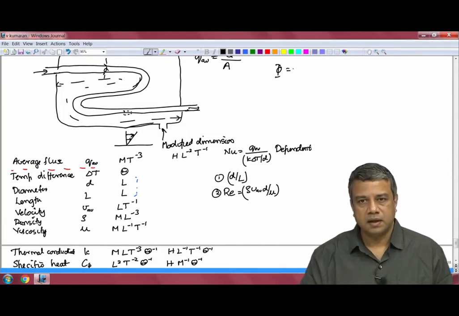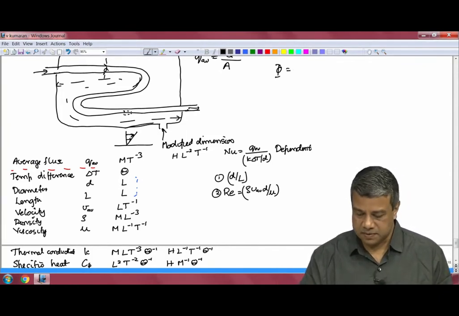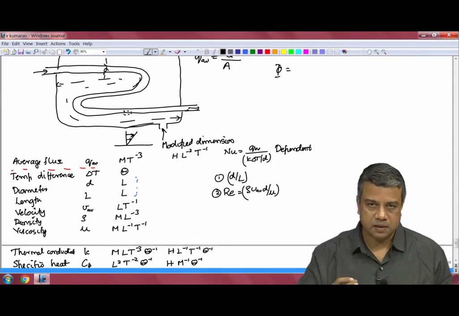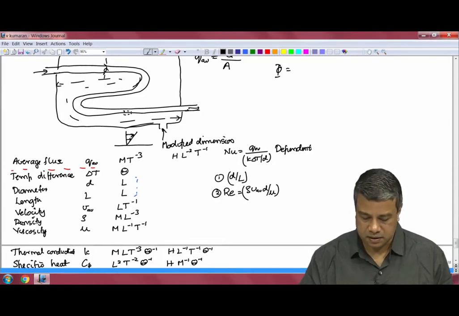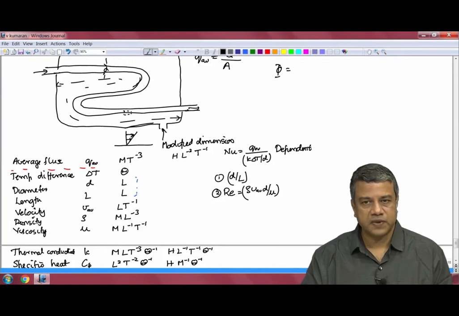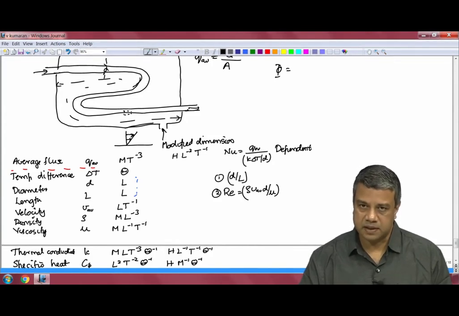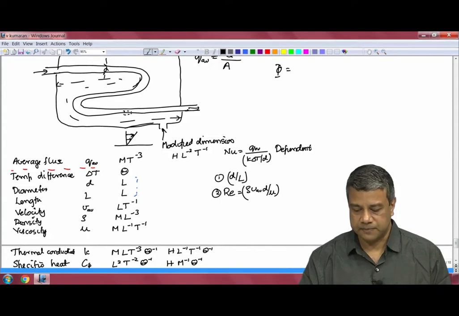as some combination. See, the specific heat contains a temperature dimension in it, okay. The only other quantities that contain the temperature dimension are the temperature difference and the thermal conductivity, okay. So, because of that I can either scale the specific heat by the temperature difference or by the thermal conductivity.